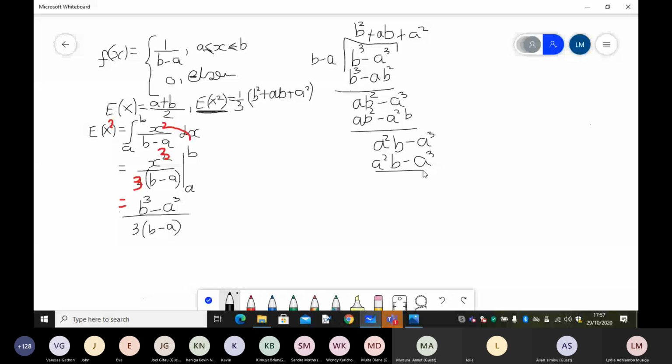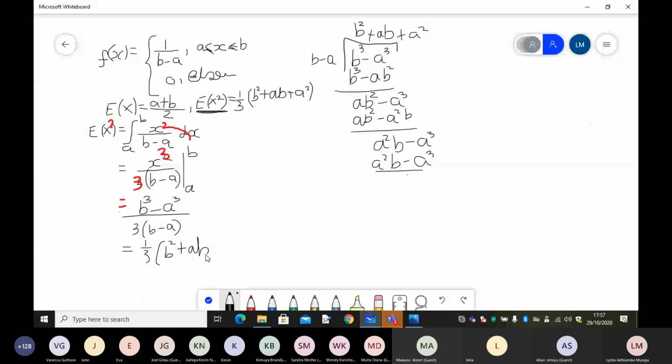So going back to the left at the bottom, then this is equal to what? Actually b cubed minus a cubed over that. So it is just 1 over 3 into those factors that we got there, b squared plus ab plus a squared.